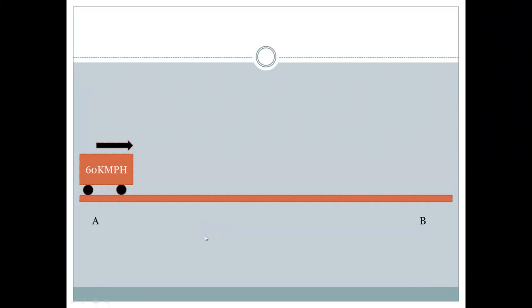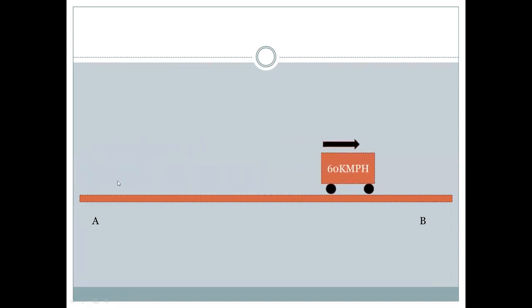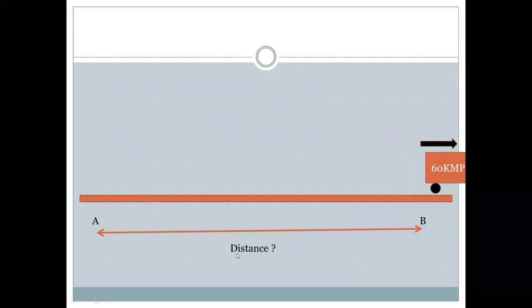So this is the car. Initially it is at point A. It is moving with a constant speed of 60 km/h. With this speed, it reaches point B. So we have to find out this distance. The data which is available is the velocity.